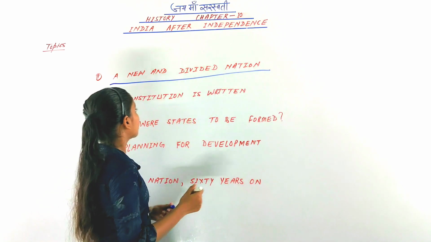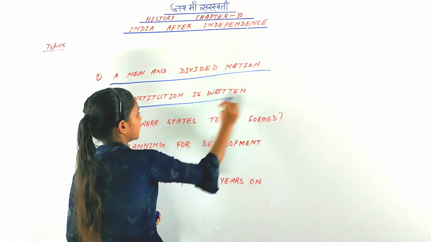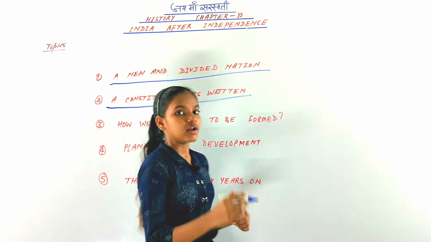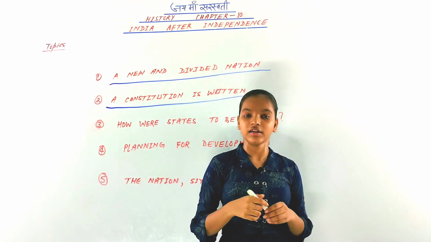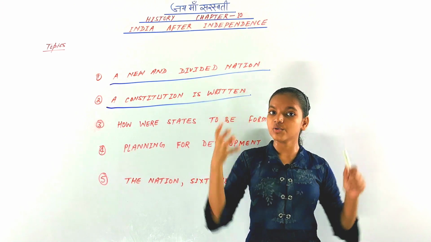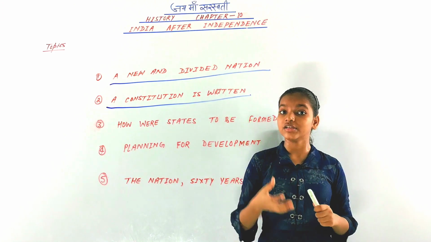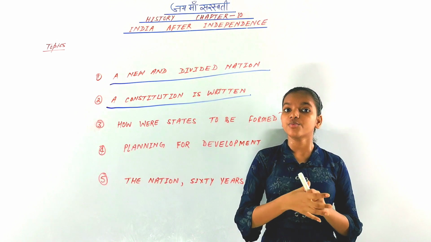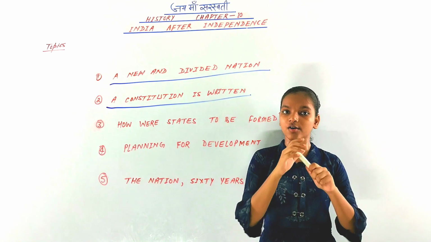Our next topic is a constitution is written. Around 1946 to 1949, an assembly known as the Constituent Assembly was formed, which had 300 members from throughout the country of India.